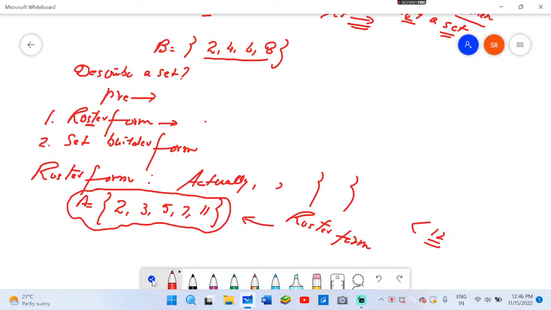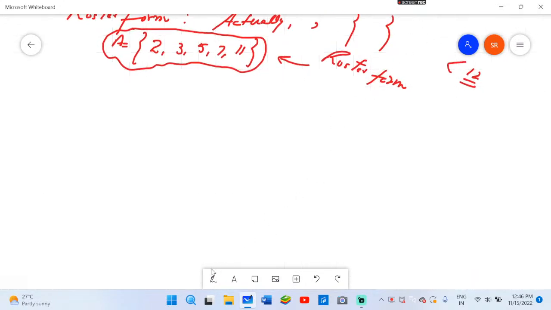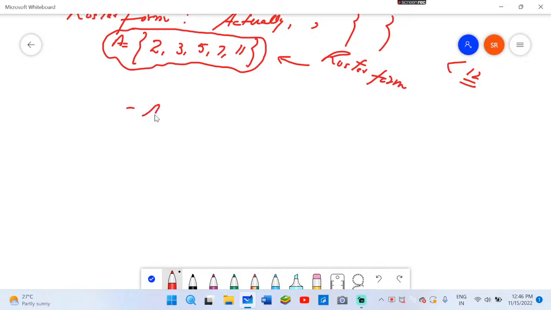So there could be countless examples of writing sets in roster form. Like, let us say set A showing squares of natural numbers less than 5.